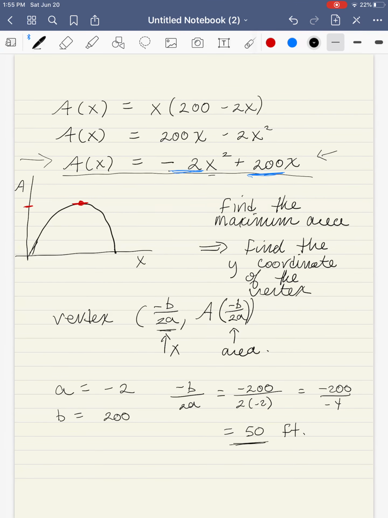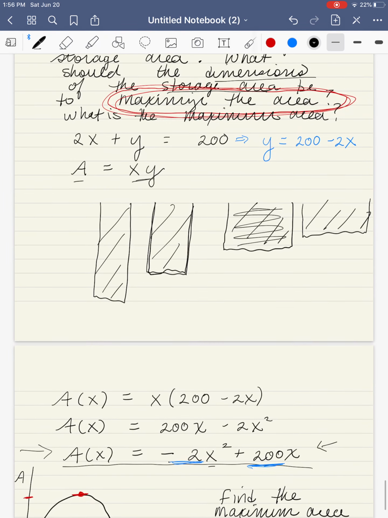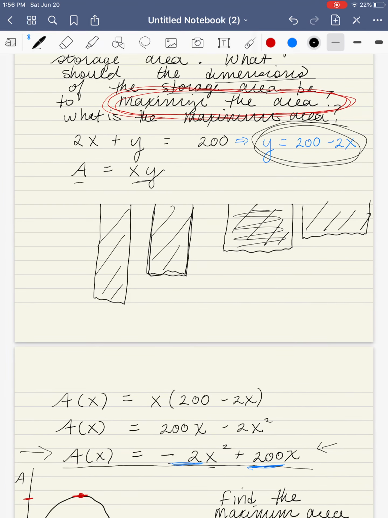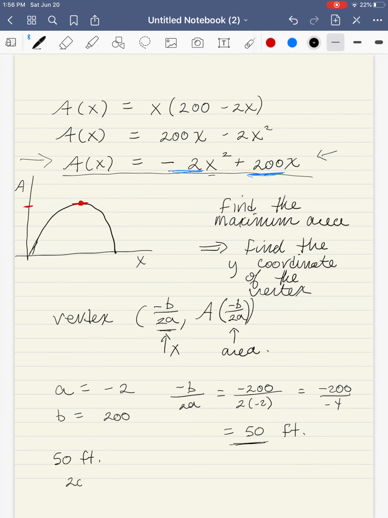So x is one side of the storage area, and then I can find the other side by plugging back into my formula here to find the length of the other side. So the storage area is 100 feet by 50 feet. Those are the dimensions.